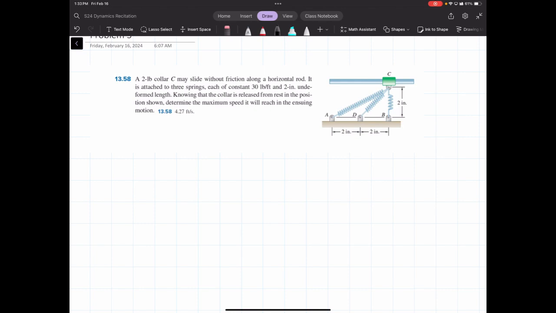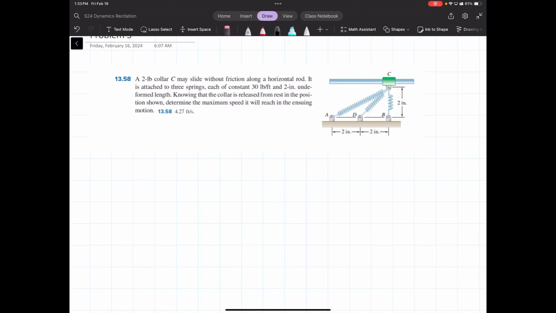All right, so we're given a system with a collar on a rod. There's no friction. And then there are 3 springs attached to it from different pivot points. We're given that all of the springs are the same. They have the same spring constant and they're the same unstretched length.